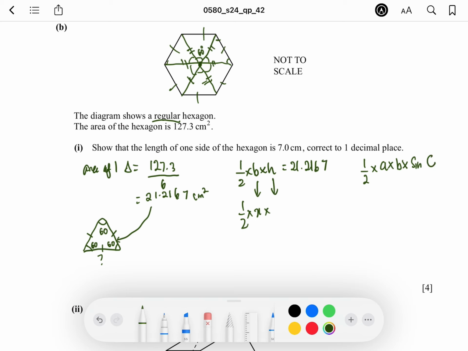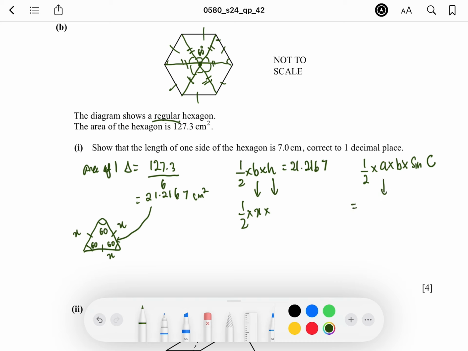The angle. So let's label this one to make it easier. If the base is X, that means the other two sides are also X. To make it easier, we substitute.